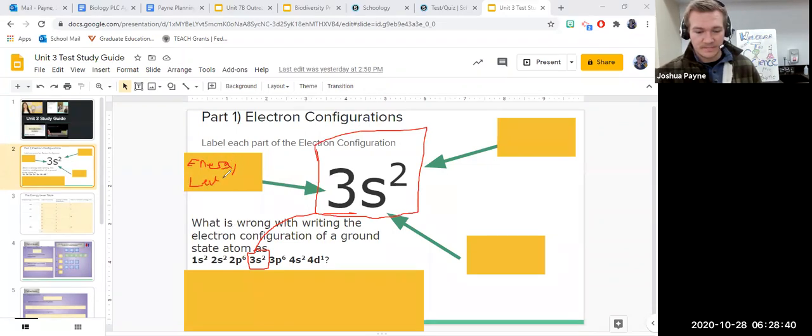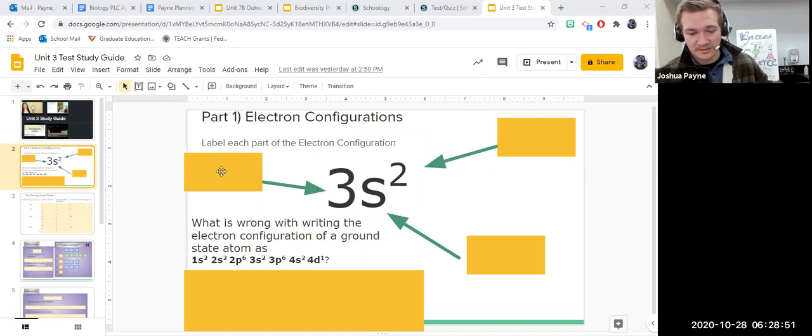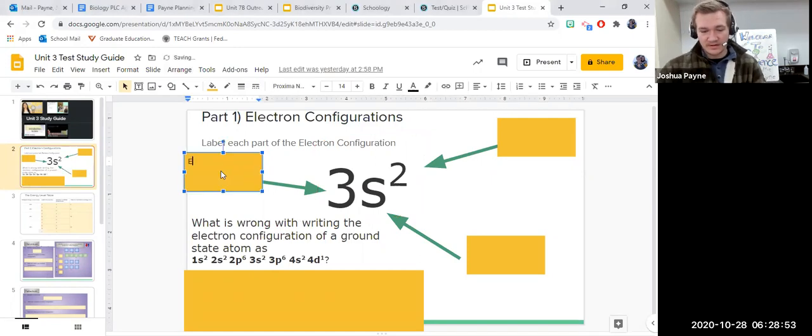And of course, what that basically means is it's just the floor, right? What floor are we on? And you know what? Now that I'm seeing this, I'm just going to type it. So this is our energy level, our floor.